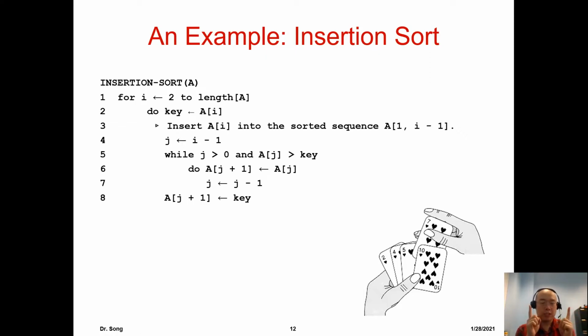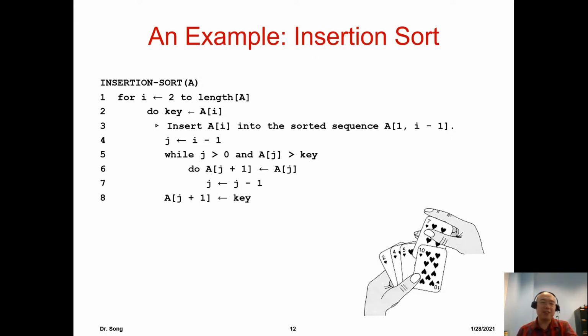But for sorting a list in place, this is how it can be done. We start with i from 2. So why do we want to start from 2? Because for 1, we are assuming that we only have one value, and for that one value, there's nothing to be sorted because we only have one value. That one value is already sorted in the right place.